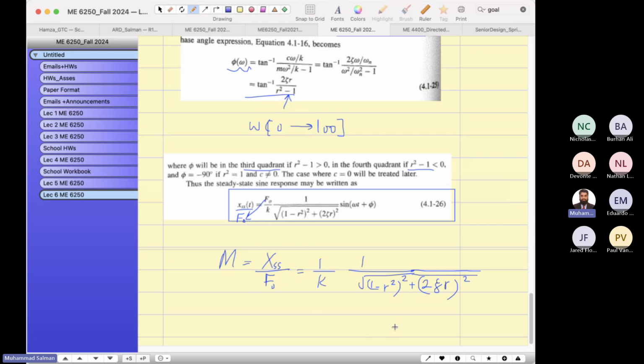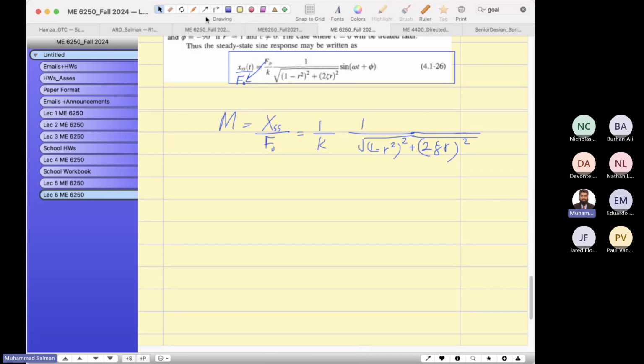For low frequency, if you plug in a very low input frequency, r equals omega over omega n, and so this goes to 0.